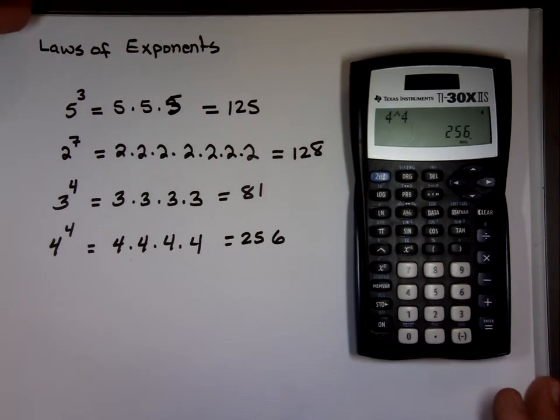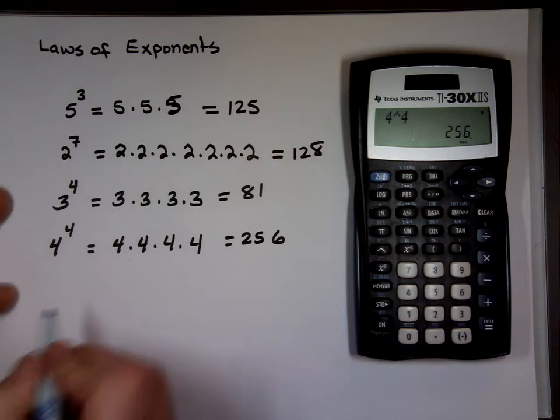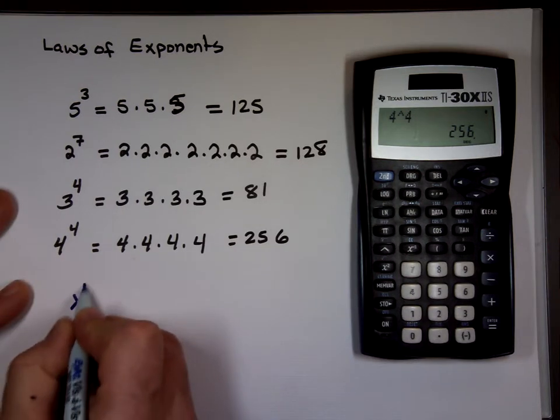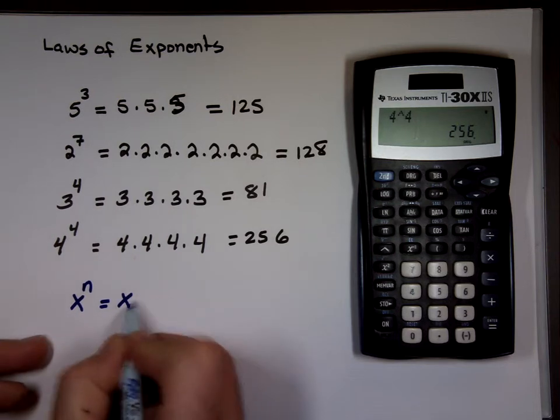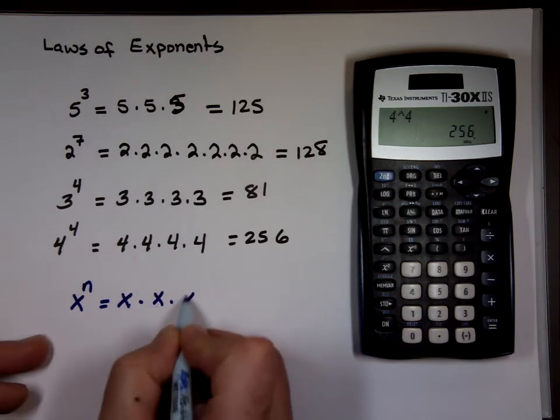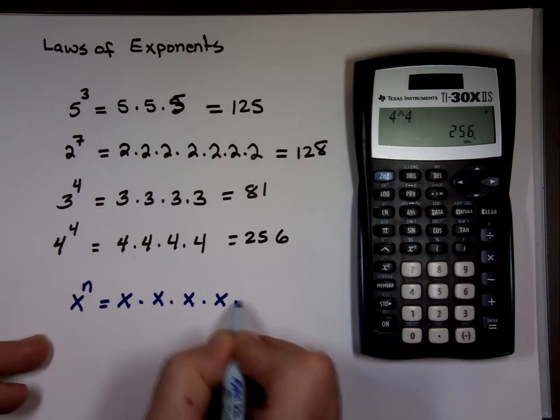Now, there's a few cases where I don't know what the answer is. I'll make all the laws here in blue color. So let me write this as a law: x to the power of n. What that means is x times x times x times x, how many times?